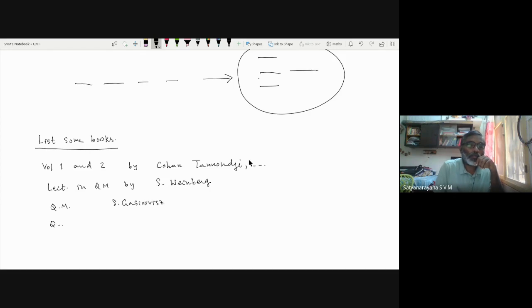And of course, we should always study Landau Lifshitz. And there are many books. I think at least 500 books will be there for quantum mechanics. Okay, when we studied, there were not many books, but now minimum 500 books will be there.